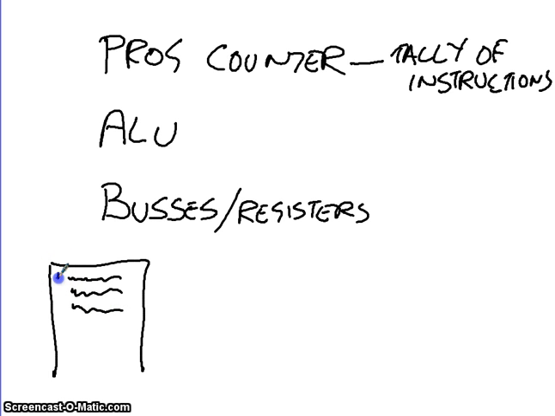And each one of them will have a number next to it. Now, in a computer, these are automated. So the program counter's job is basically to tick off the numbers. I've done test 1, I've done test 2, I've done test 3, I've done test 4, I've done test 5. But it does that millions of times a second.